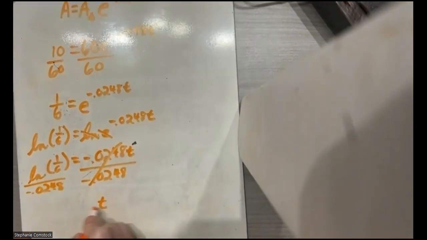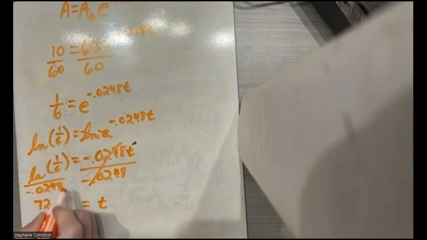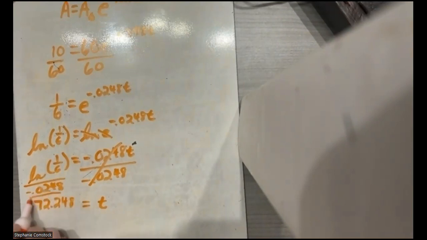And so I get t is going to be 72.248. Now, I don't know whether that is in days, weeks, months, hours, years, because they didn't give me an indication as to how they got the original half-life, okay? If we were given what that original half-life time frame would be, then this would be in the same time frame.